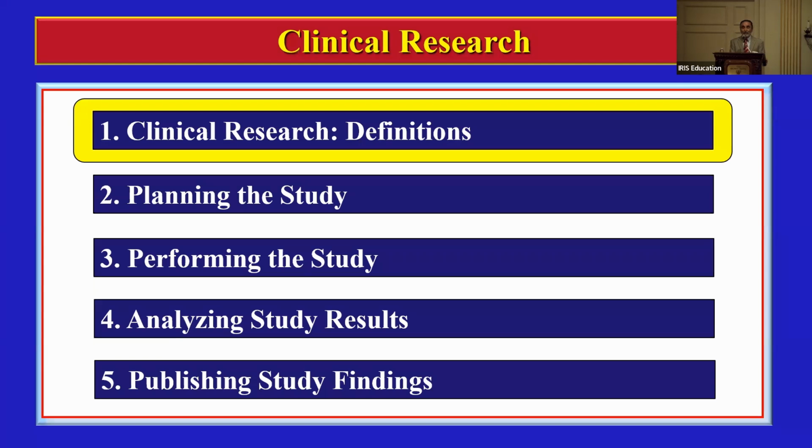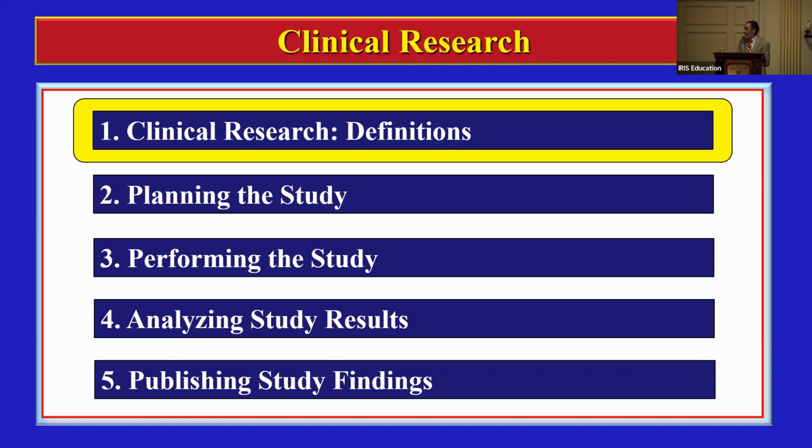If we look at clinical research definitions, the definition of research probably has two components. Research is the generation of new knowledge, new information, and the dissemination of this new knowledge.